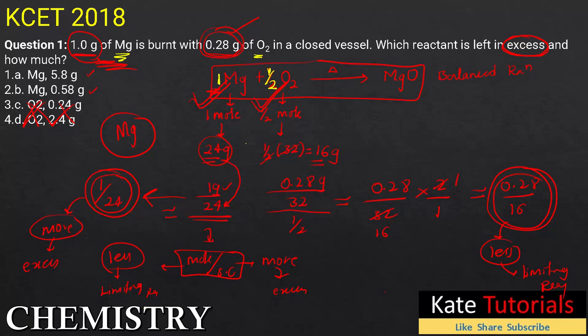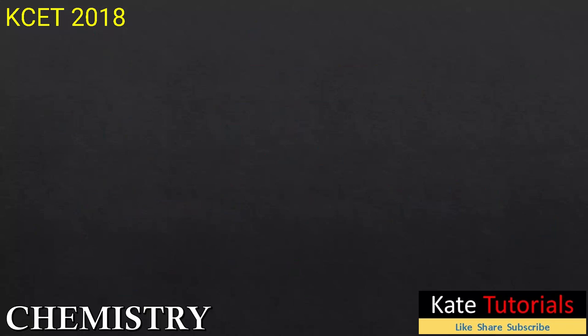So if I want to summarize it, how to summarize? In a given equation, first we have to balance. So this is the balanced equation. See, 1 magnesium here, also 1 magnesium here; 1 oxygen, because half into 2 is 1, here also. In a balanced reaction, we take mole divided by stoichiometric coefficient.